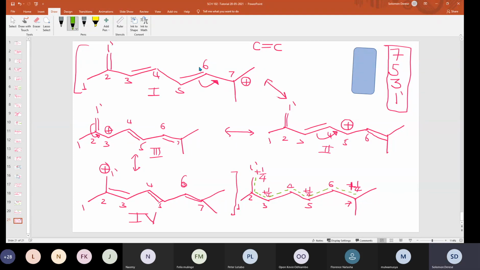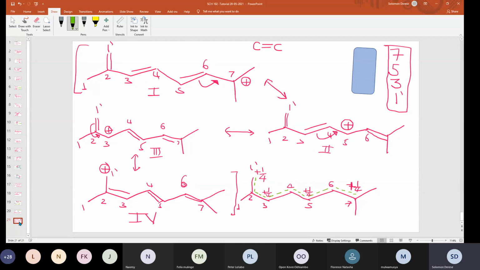So these bonds, which I have indicated with a green dashed line, are intermediate between a double bond and a single bond. Okay? If you understand this concept, you can draw the resonance structure of anything.